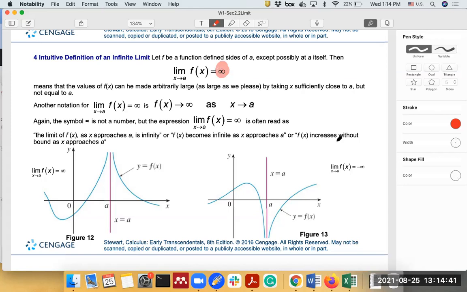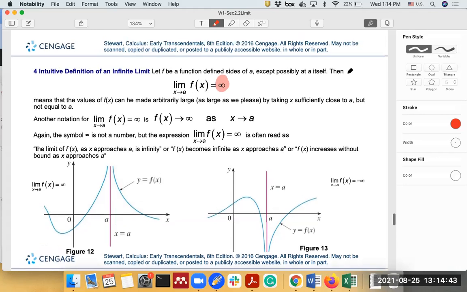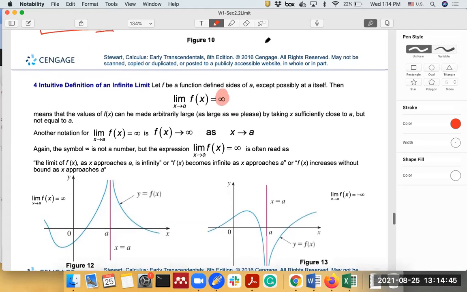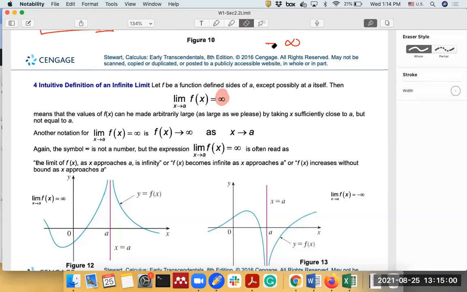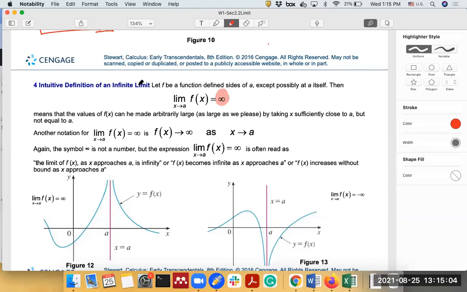And negative infinity is a very negative number. It could be negative 10 billion or even smaller than that. In that case, we call it the infinite limit.